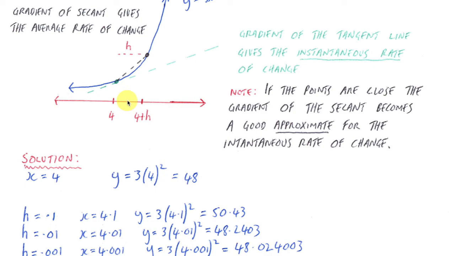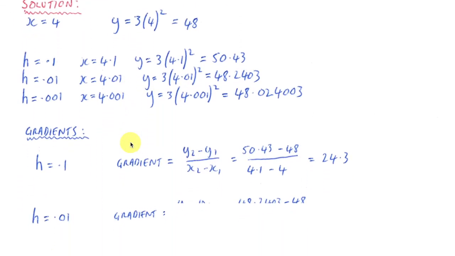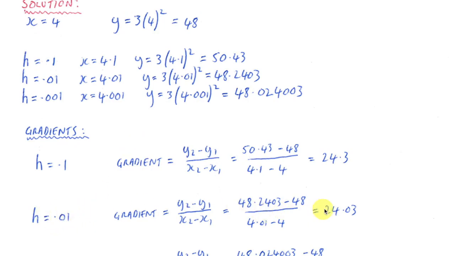Subbing 4.01 into the function, I'll get 48.2403. I can now do a calculation for the gradient, and you can see that I'll get the gradient equaling 24.03. So if I use h equaling 0.01, then the gradient of the black line is equal to 24.03. So therefore, the approximation for the instantaneous rate of change is going to equal 24.03.